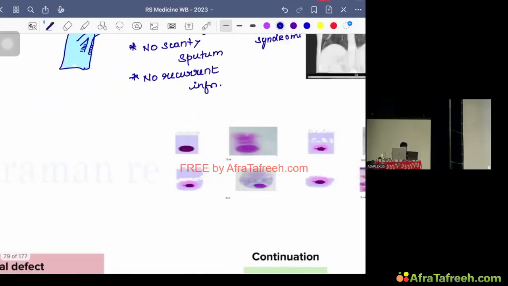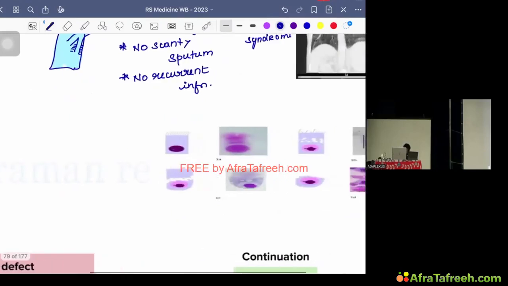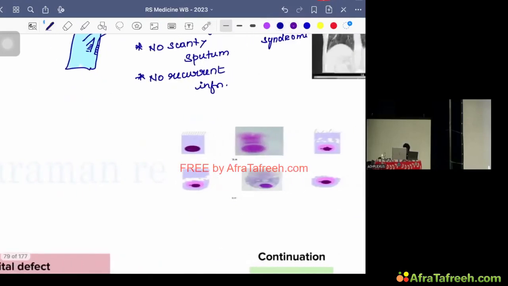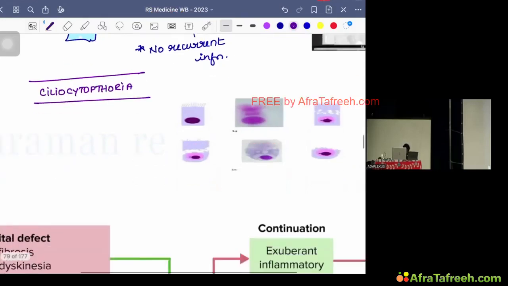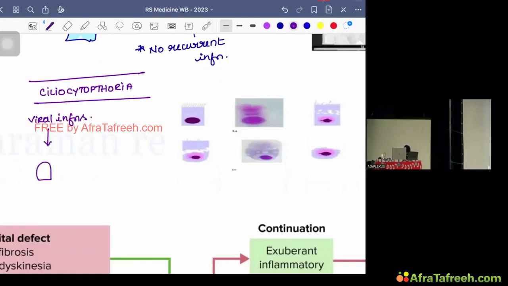Then you have another condition called ciliocytophthoria. What is this? Whenever there is a viral infection, these viruses go and destroy the cilia here.